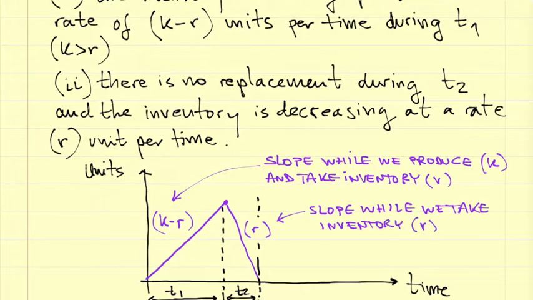R. So this goes ad infinitum, always the same, okay? So always having peaks and going up and down and up and down and up and down.